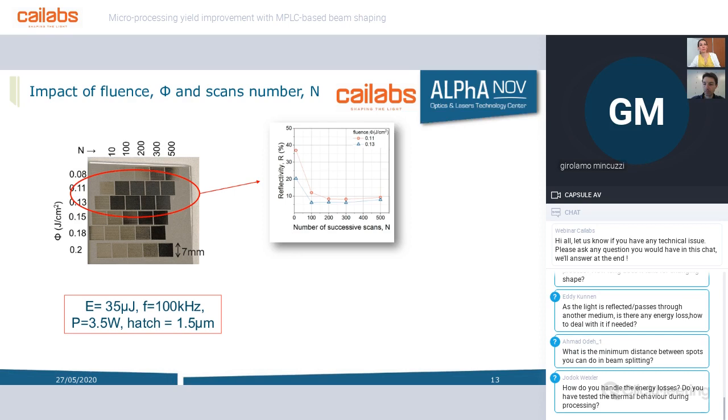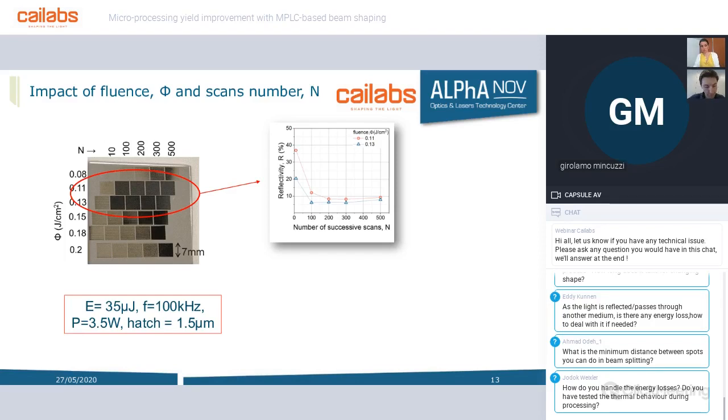We identified two regions. The first region corresponds to a fluence of more or less 0.13 joule per square centimeter, in which, passing from 10 to 100 scans, we observe a drastic decrease of the reflectivity down to approximately 5–10%, followed by a plateau.